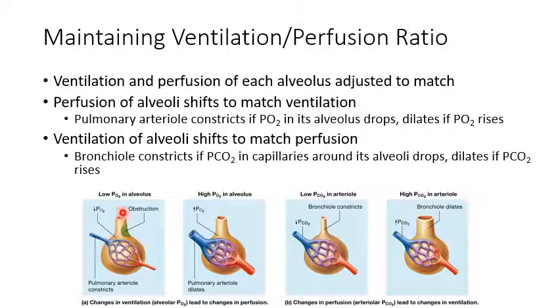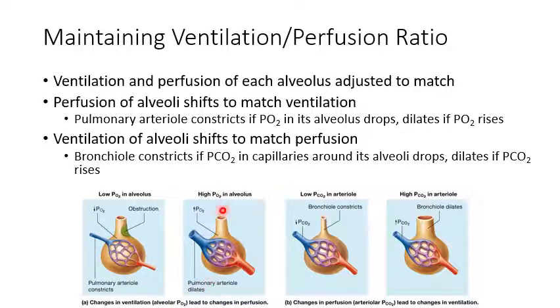So if your body senses that you have an obstruction or anything that's limiting the airflow into this alveolus, in response, the pulmonary arteriole that serves it is going to constrict. That way, less blood flows through, you have less air flowing through, and now you have less blood flowing through, so they match.